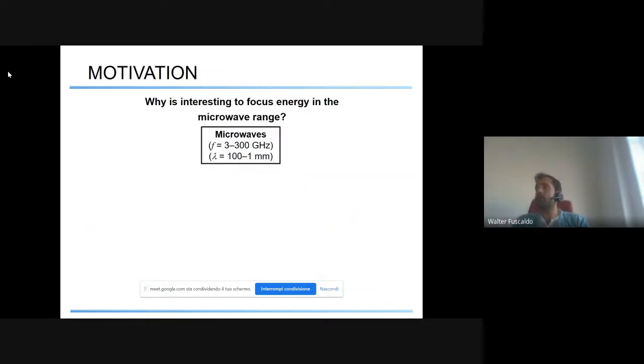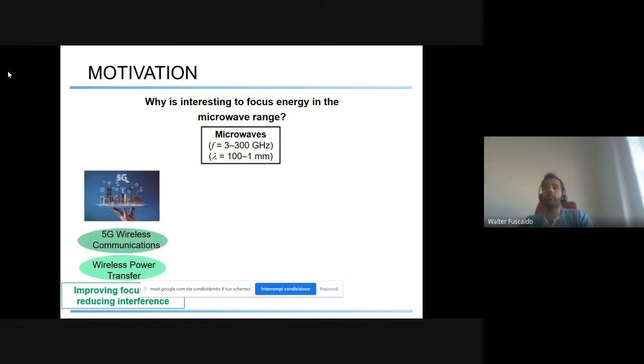At this point, we may ask ourselves why it should be interesting to focus energy in the microwave range, because we know that focusing can of course be applied even at higher frequency ranges, like in the optical range where laser beam solutions are currently employed.